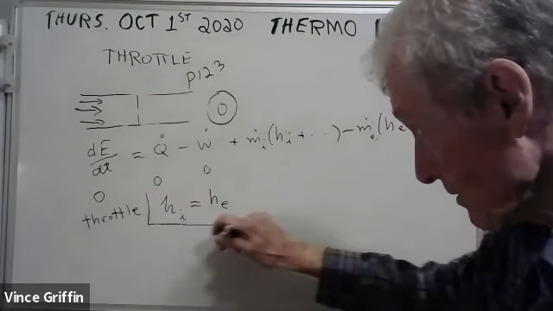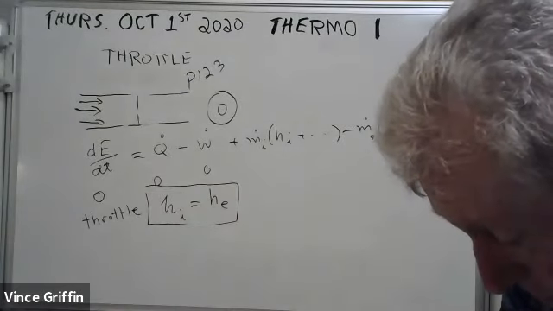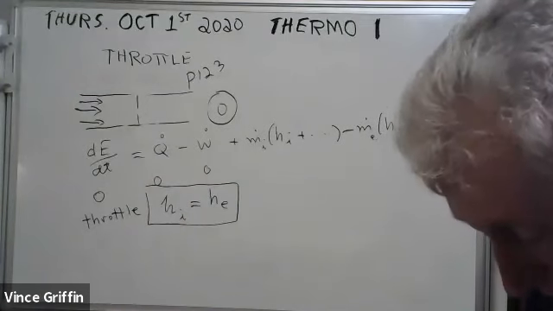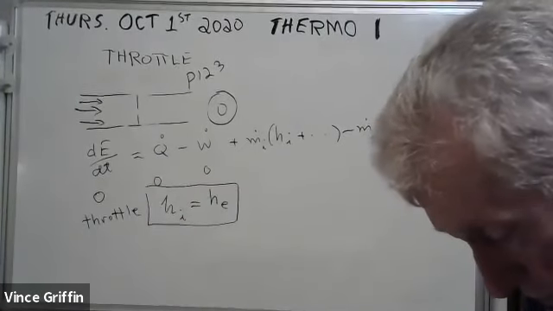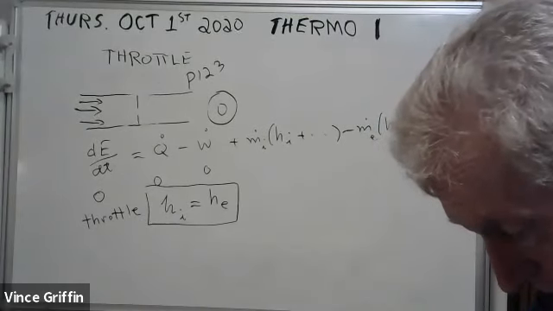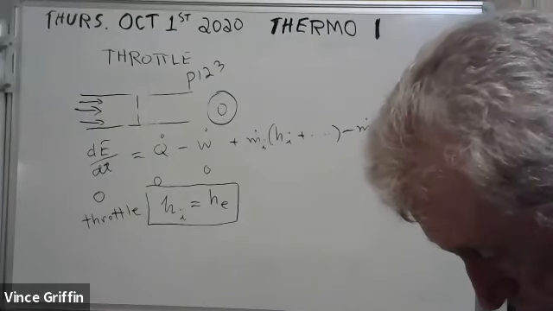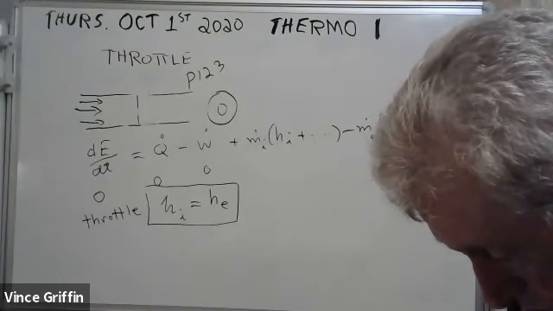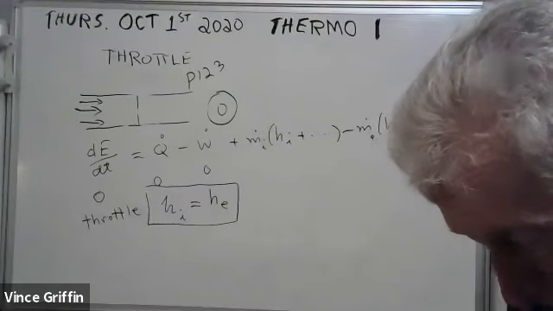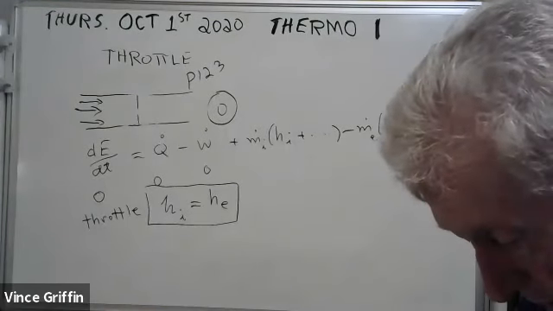You are looking at the first law of thermodynamics for a throttle. Now, do they have that in your book? I'm trying to find it here. I don't see it. Well, I can't find it right now in your book, but that is the first law for a throttle, and we're going to work one.